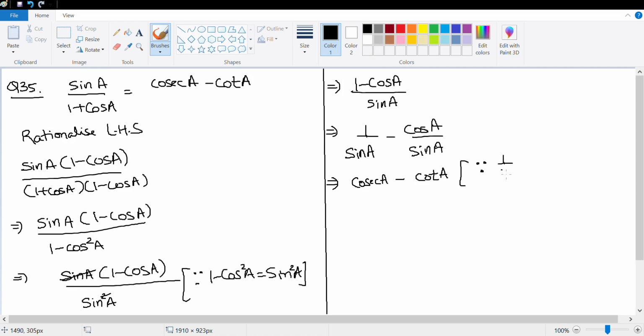Since 1 upon sin A is equal to cosec A and cos A upon sin A is equal to cot A. Perfect. So this is nothing but my right hand side.